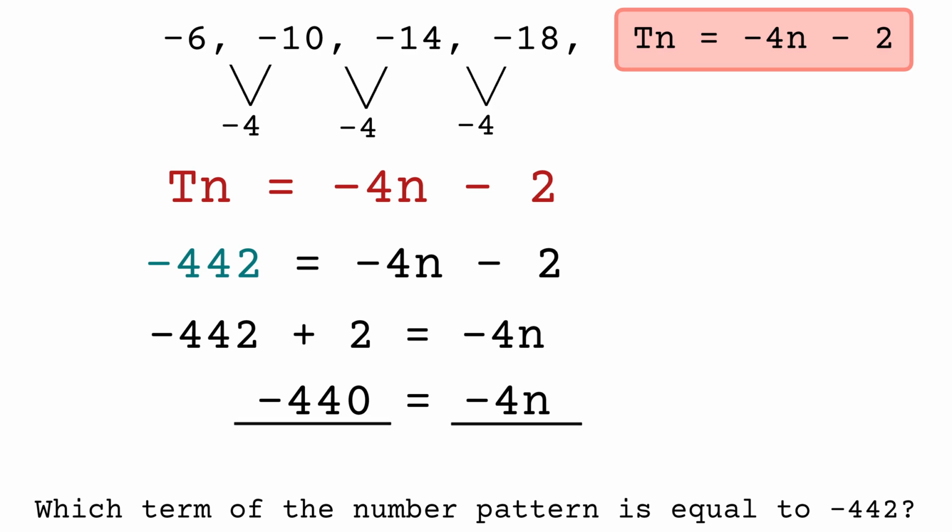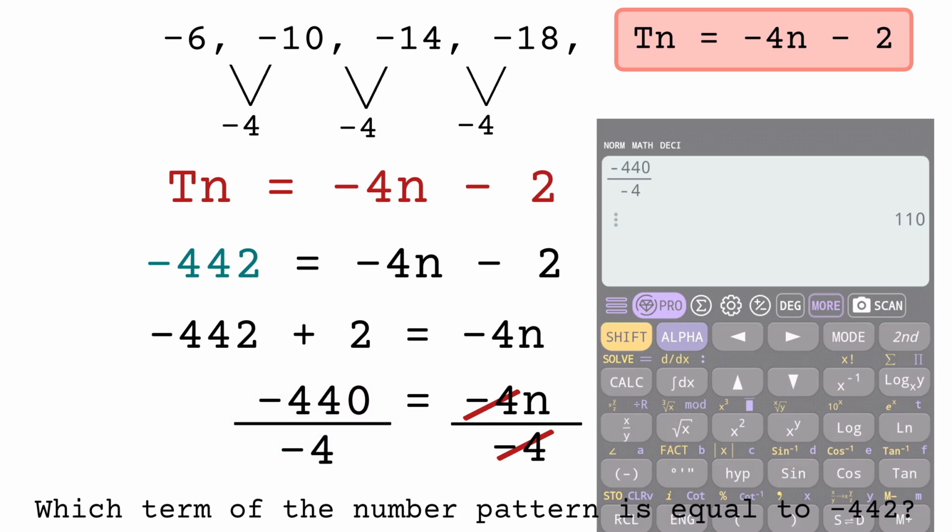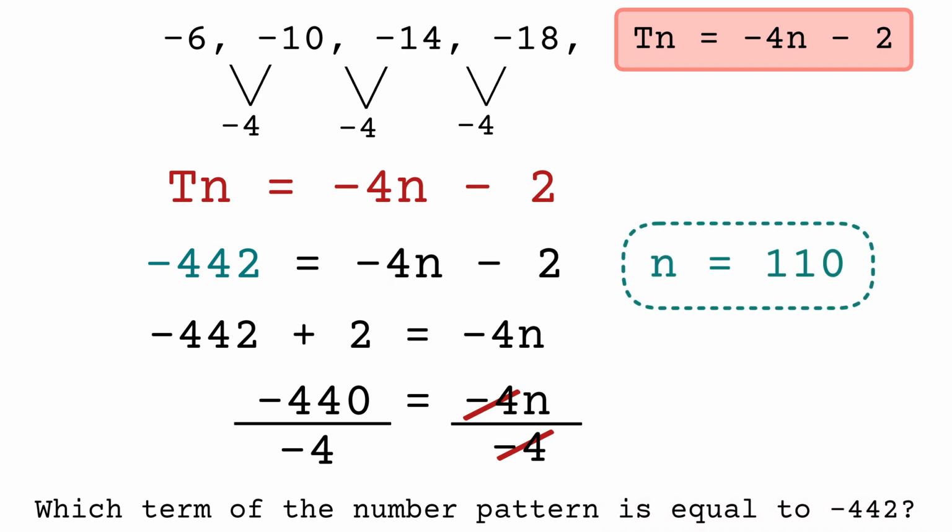Then we divide by -4 on both sides of the equal sign so that this -4 cancels the other, and n is the subject of the formula. -440 divided by -4 is 110, so the value of n is 110. What this tells us is that the 110th term is equal to -442.